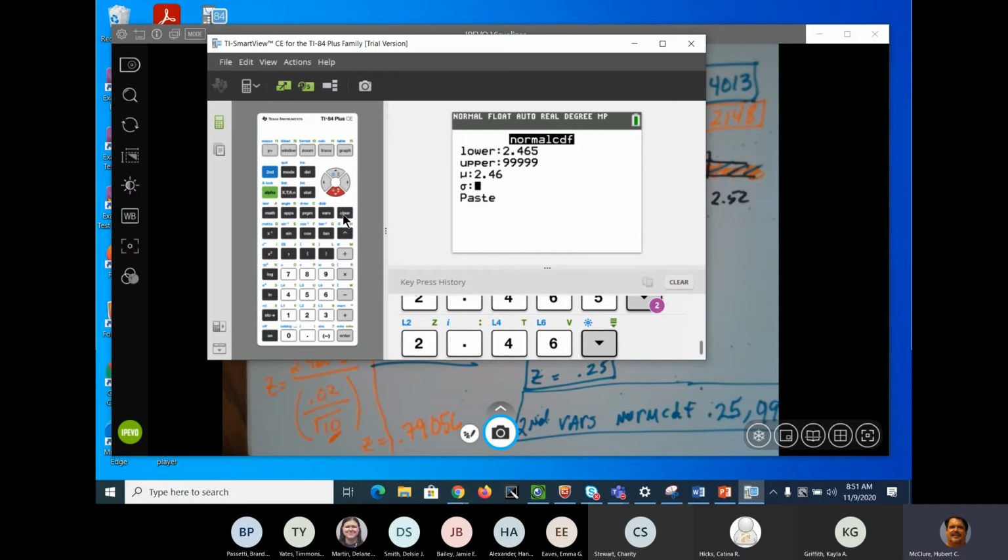And instead of a standard deviation of 0.02, you would do, I wonder if it would do this, parentheses 0.02 divided by the square root of 10. I've never tried to do this before. It might do that. Let's see if it'll do it.